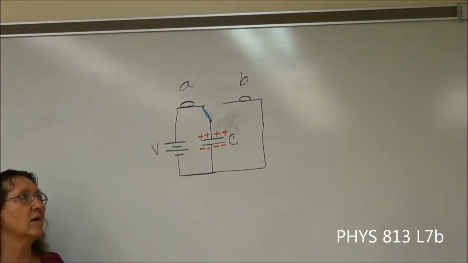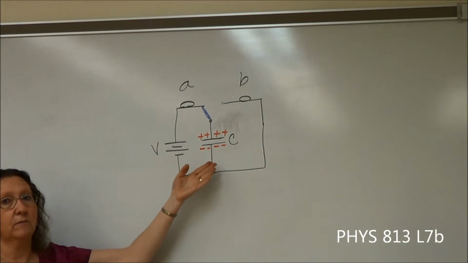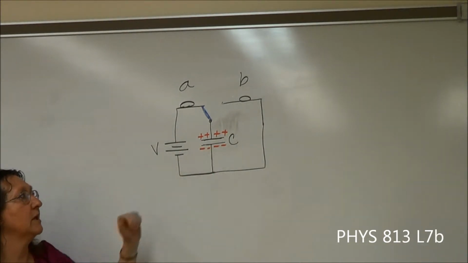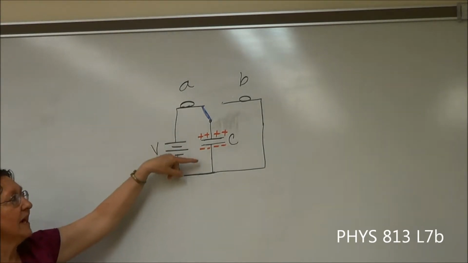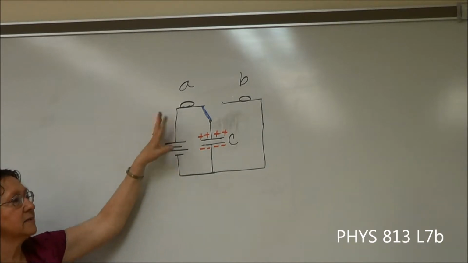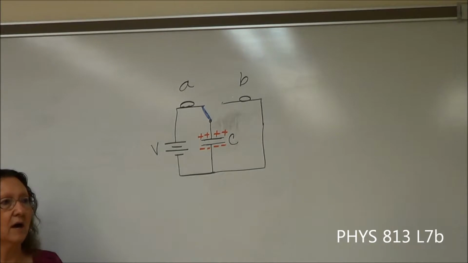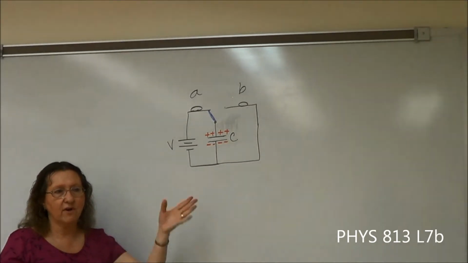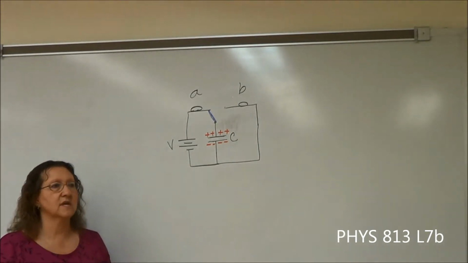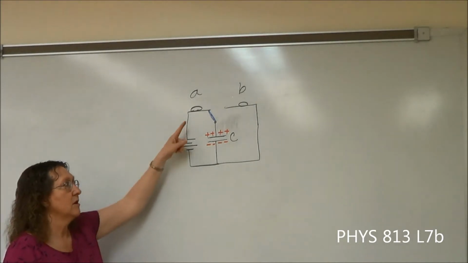So after a while, no more electrons can be put on there because they're trying to repel each other and there's not enough room. By that time, the current has died down. It's like students coming into a room. Maybe they've all been standing out in the hall and now you've opened the door and let them in. They all rush in to begin with, and then there are a few stragglers.